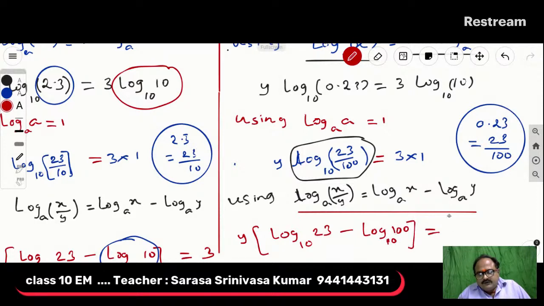This is equal to, on the right hand side we have 3 multiplied by 1. So we can write it 3.